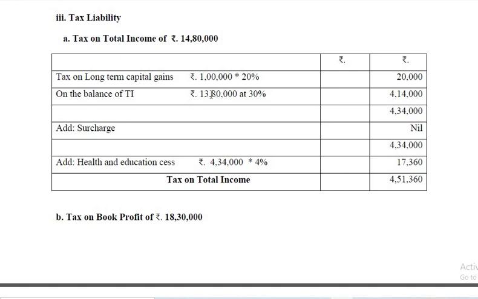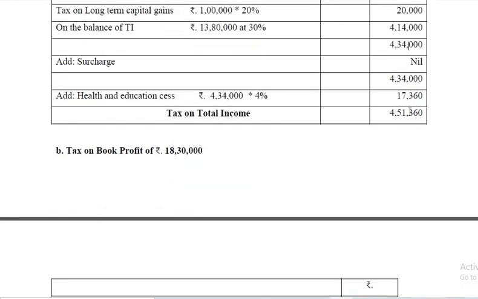Now, after excluding 1 lakh from 14,80,000, that is, 14,80,000 minus long-term capital gain 1 lakh, the remaining total income is 13,80,000. On this, you have to apply 30% tax. So that comes to 4,14,000. The total tax is 4,34,000. Now you have to add surcharge if applicable. Surcharge is applicable only when the total income exceeds 1 crore.